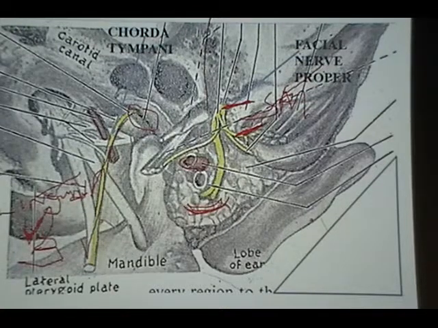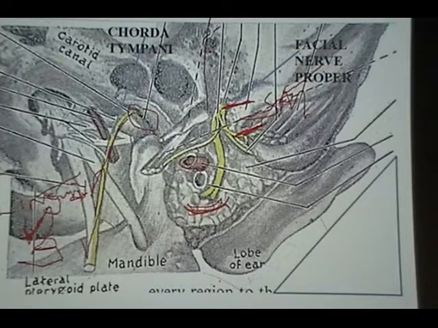So that's the chordotympanic coming out of the petrotympanic fissure. Remember, the petrous portion is the petrous portion of the temporal bone. The tympanic portion is that portion of the temporal bone that surrounds the external acoustic opening, or the tympanic membrane.